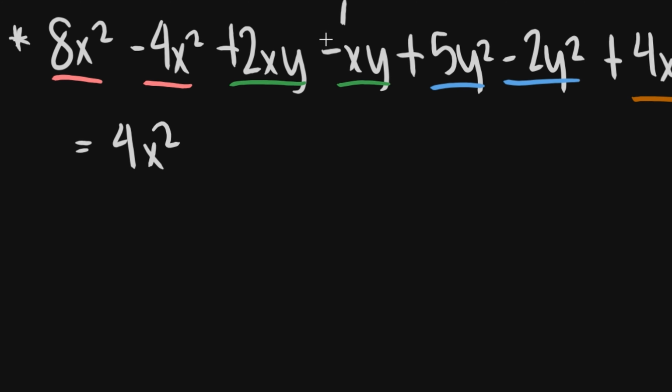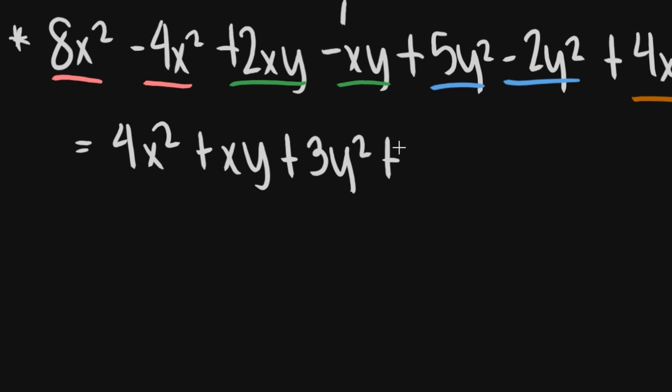So 2 minus 1 would result to positive 1, or positive xy. And 5 minus 2 would result to positive 3y squared. And 4 minus 2 will result to 2. Don't forget the xy.